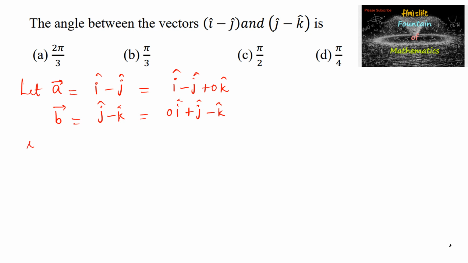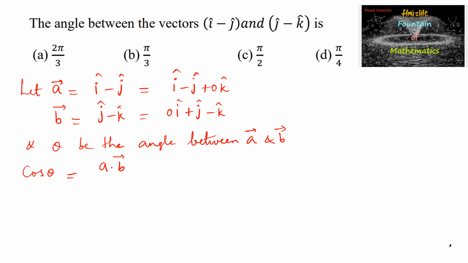And theta is the angle between vectors A and B. So we have cos theta is equal to A dot B divided by mod A into mod B. So let us find A dot B here.